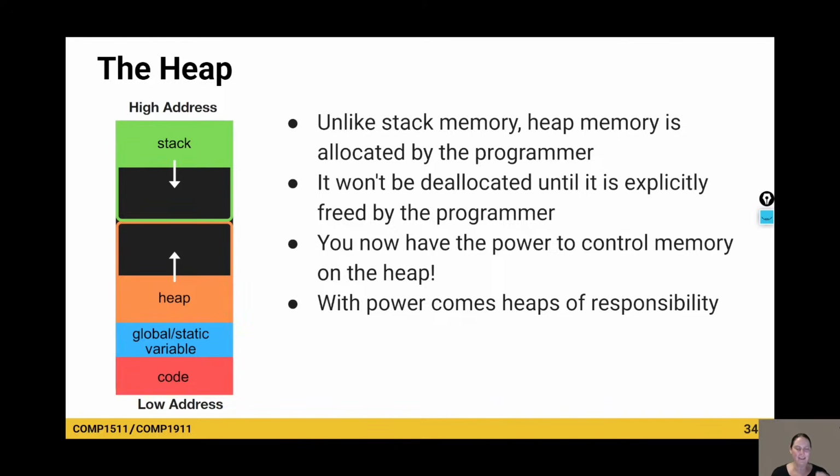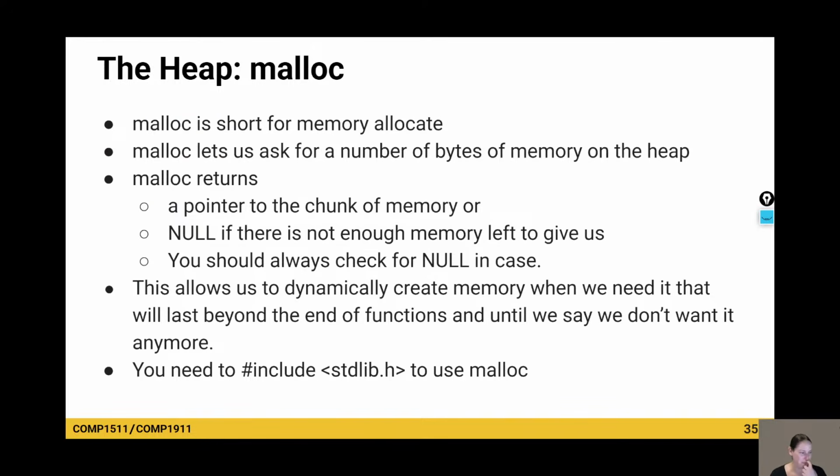It doesn't suddenly get destroyed when the function returns. So you can ask for memory on the heap from a function, do stuff with it, return a pointer to it, the function ends, and it's still there. That's what we can do with the heap. It's a little bit more work and a little bit more understanding to use it.